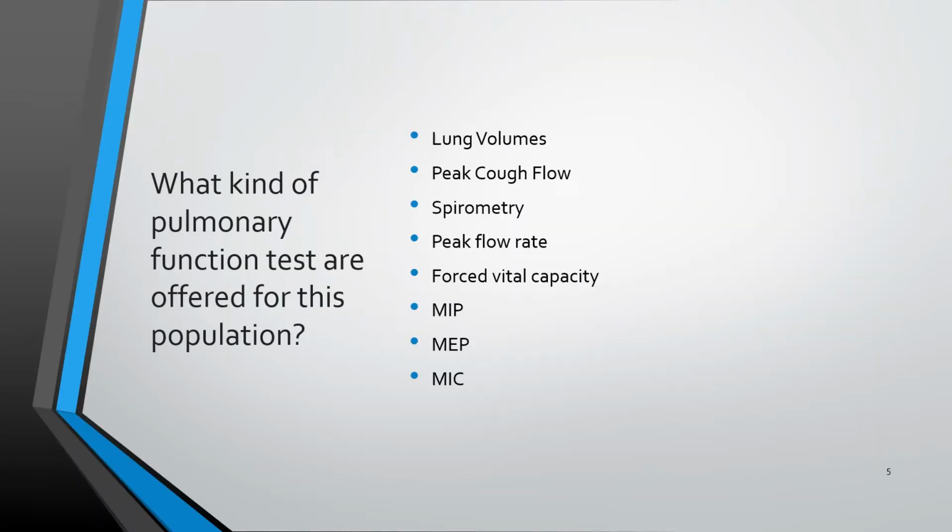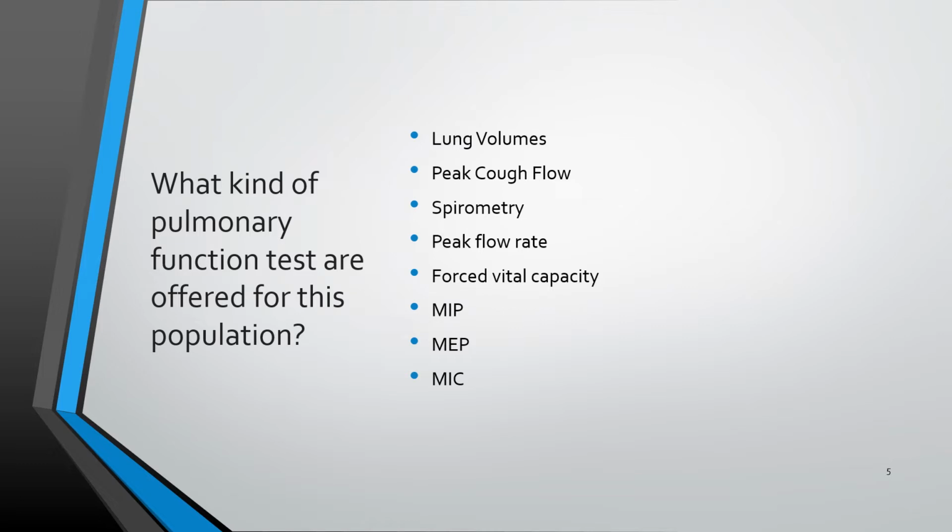We have a whole host of different types of pulmonary function tests that can be offered in the laboratory as well as at the bedside. Some of the most important ones are lung volumes. Lung volumes can be measured in the body box, by gas dilution, or by nitrogen washout. Lung volumes are related to body size, with height being the most important variable.